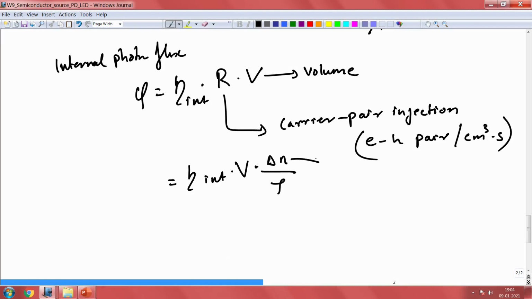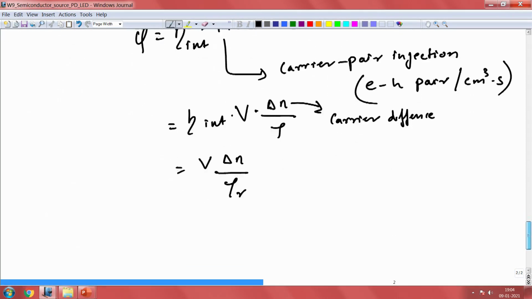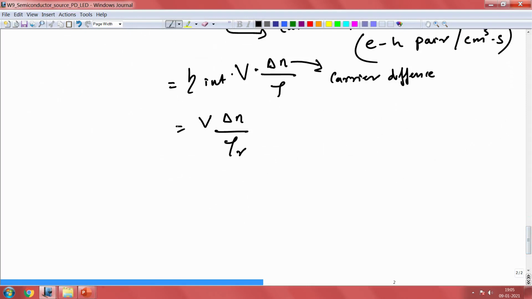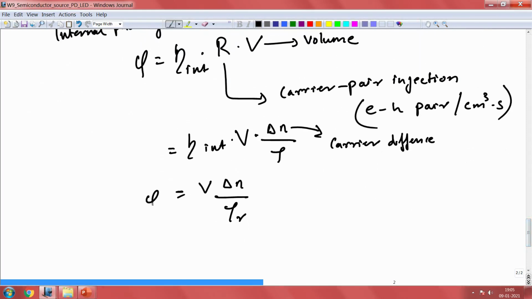So, your delta n is a carrier difference because of the injection, and which is equal to V delta n divided by tau r. All right. So, these are all various forms of representing our photon flux.